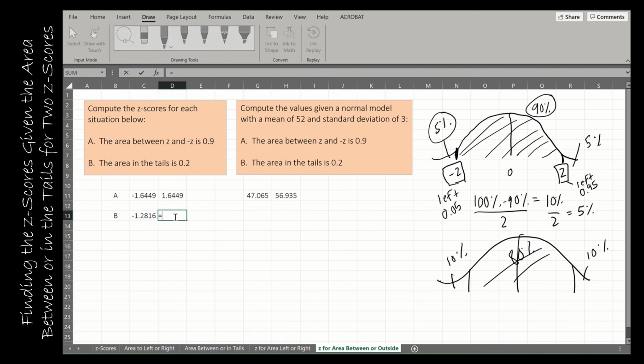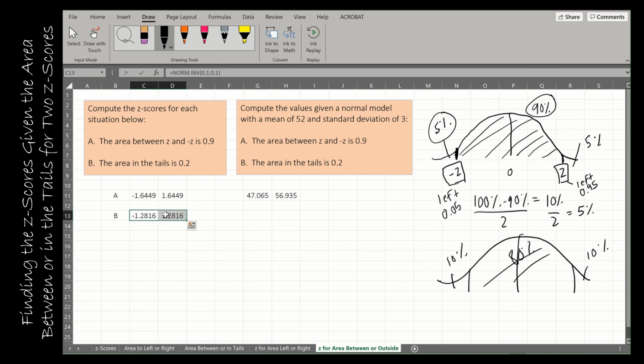So equals norm inverse, and then 0.9, 0, 1. That means these two z-scores would be negative 1.2816 and positive 1.2816.